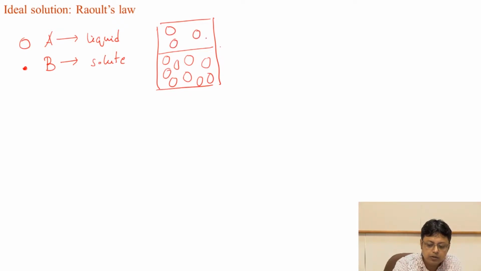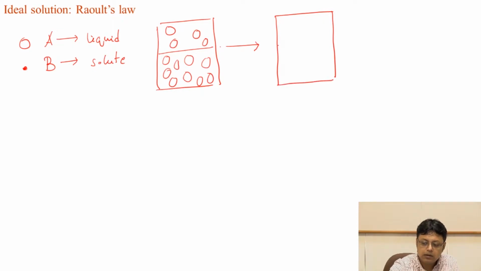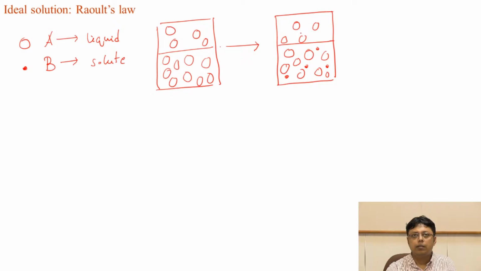There are also a few molecules of A in the vapor phase. So this was the initial condition, and then from pure A we added salt, where the situation is like this. So we also have some salt molecules here, but usually in the vapor phase we'll still have only molecules of A, because usually the salt is non-volatile.